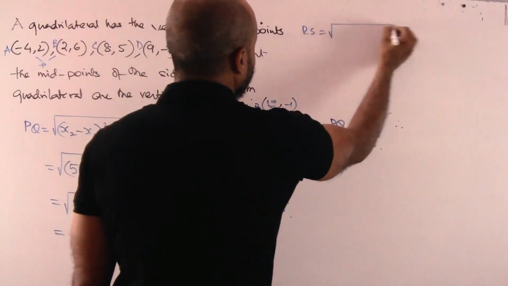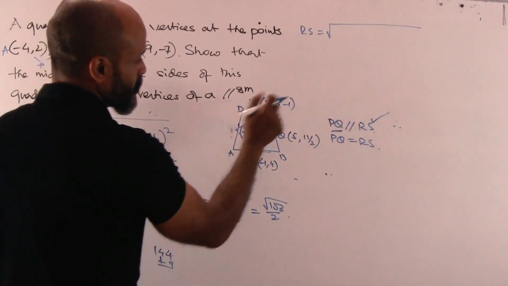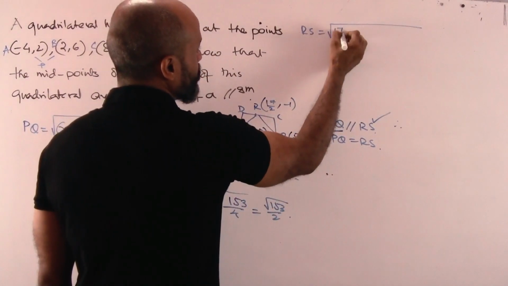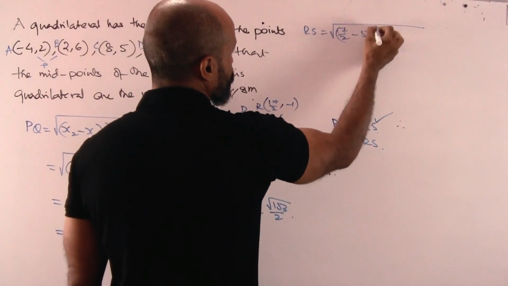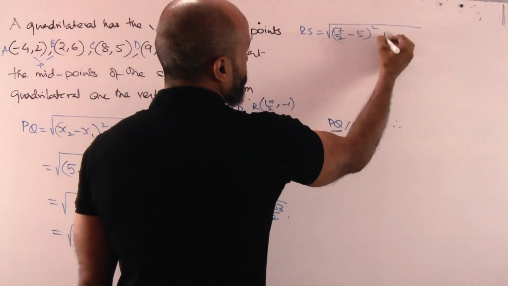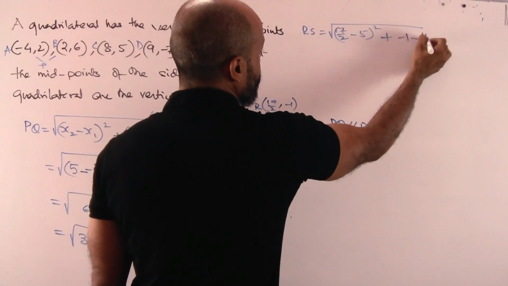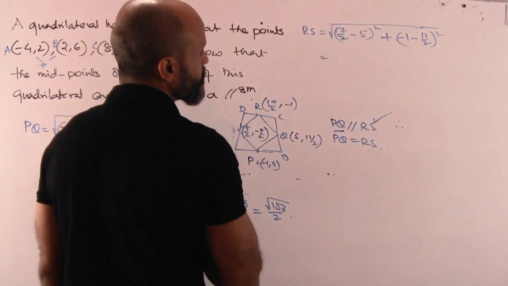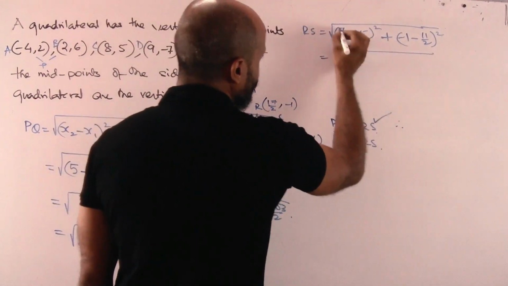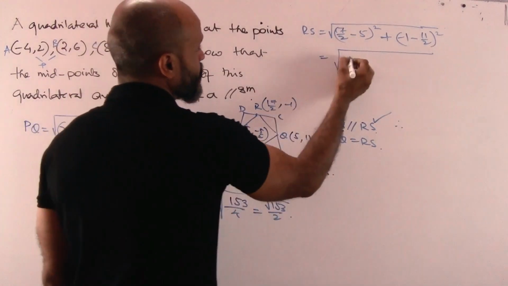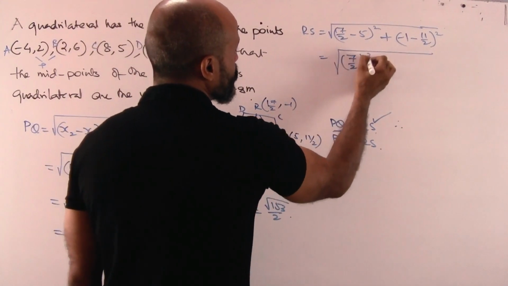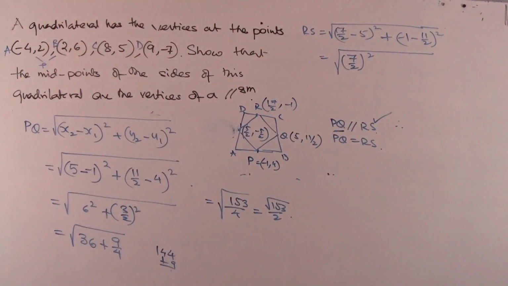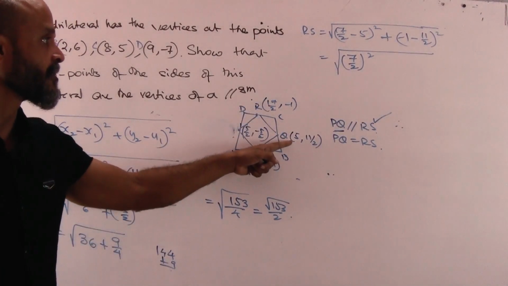Let's calculate RS here. RS will be again x2 minus x1, so this will be 17/2 minus 5 square plus minus 1 minus 11/2 square.